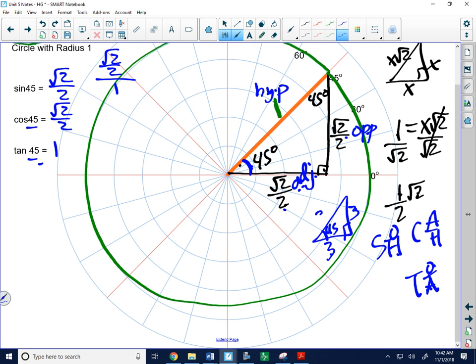So you notice on these, if you hit tangent 45 in your calculator, you get 1. If you get cosine 45 in your calculator, you would get this as a decimal. Your calculator can't directly write it like that. So, pretty nifty, huh? Basically every other number you put in, sine of kind of any number but these three, 30, 60, or the other ones, you're going to get a decimal.